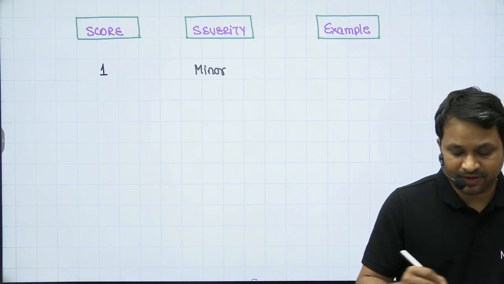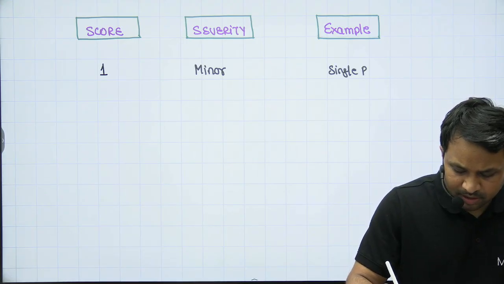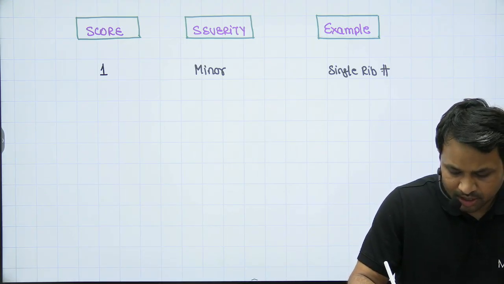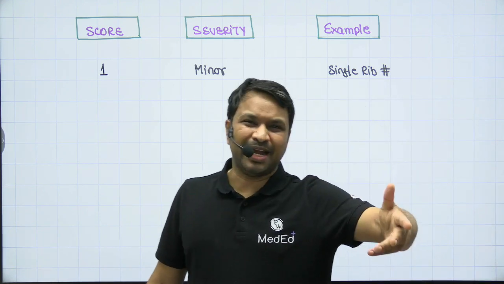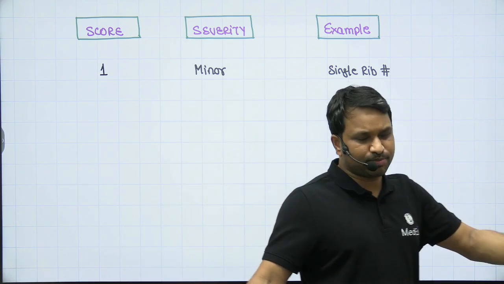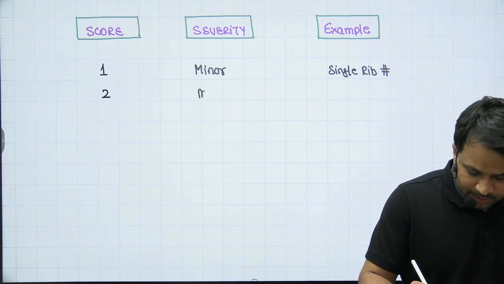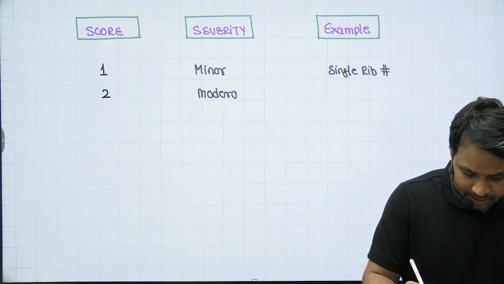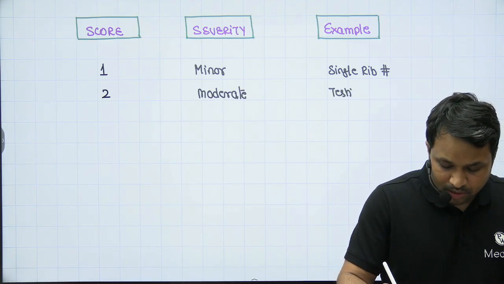What classifies as a minor injury? For example, if a patient has a single rib fracture, or mild abrasions, small lacerations, all that is a score of 1. A score of 2 indicates a moderate injury. Moderate injury examples are like testicular avulsion.